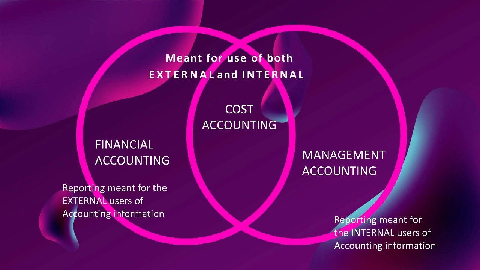The overlap between financial accounting and management accounting is cost accounting, which is meant for the use of both. Okay, so parehas po sila, external users of accounting information and internal users of accounting information. We have two kinds of users in accounting information. We have internal users and the external users.